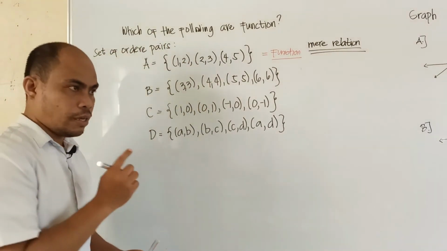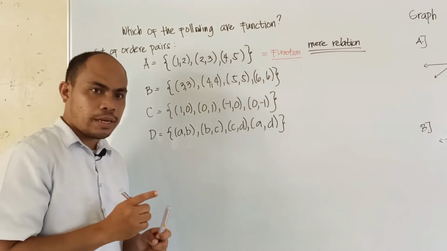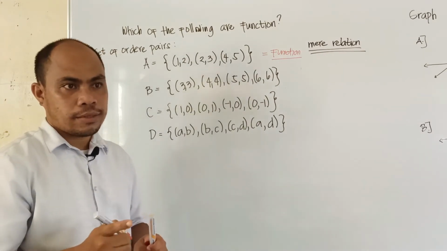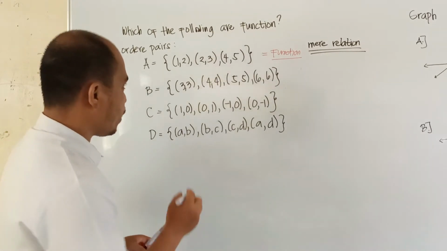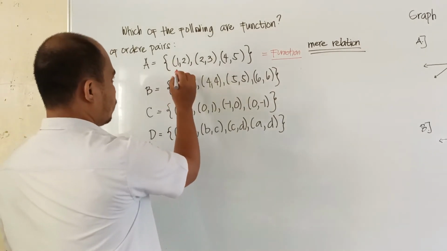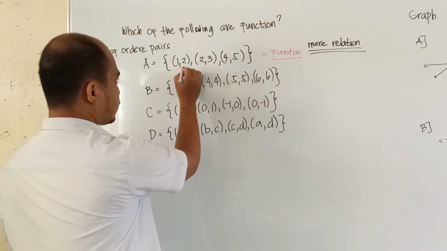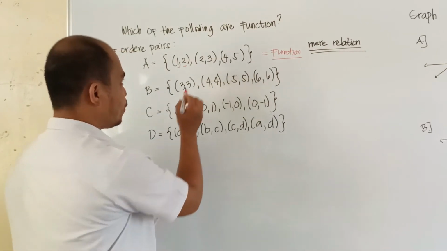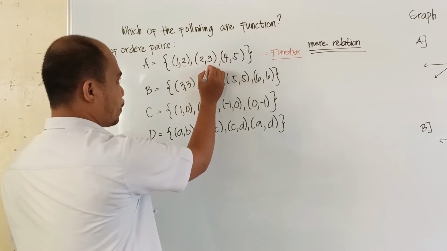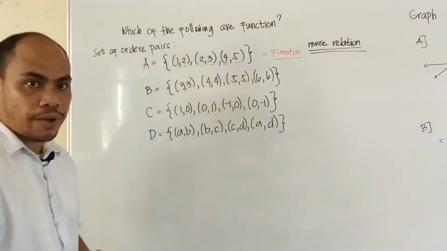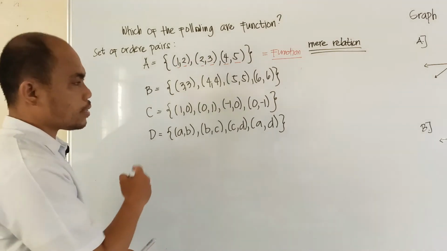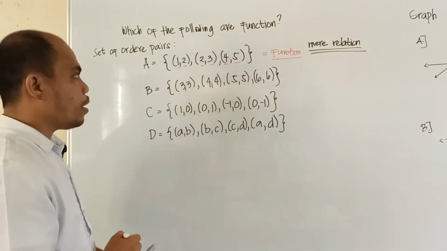Because each domain is paired with exactly one single element in its range. 1 is paired only with 2, 2 is paired only with 3, and 4 is paired only with 5. So that's why it is classified as a function.